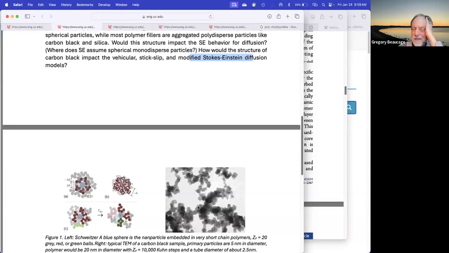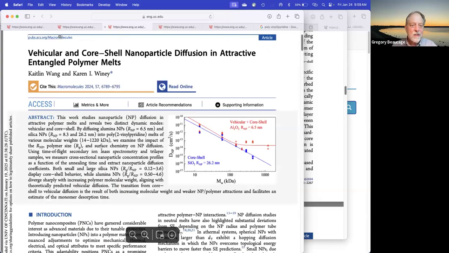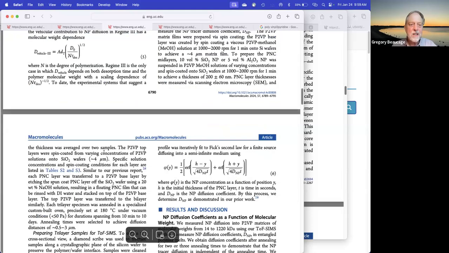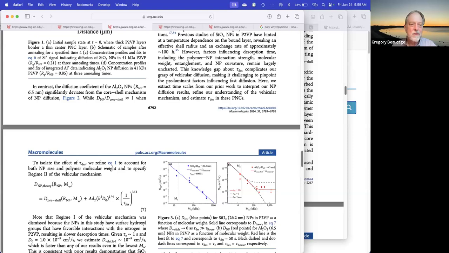And then the viscosity is going to be much higher because of the filler particles in it. So the modified Stokes-Einstein could make sense for this. And in fact, this equation for viscosity that Winey shows is written for tire rubber.